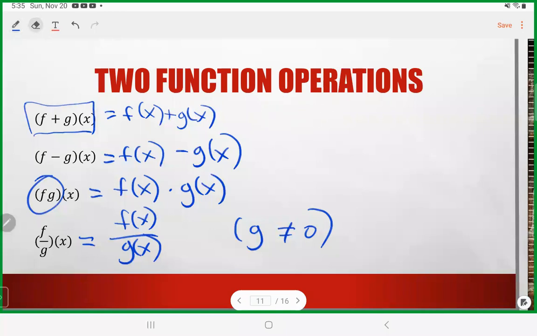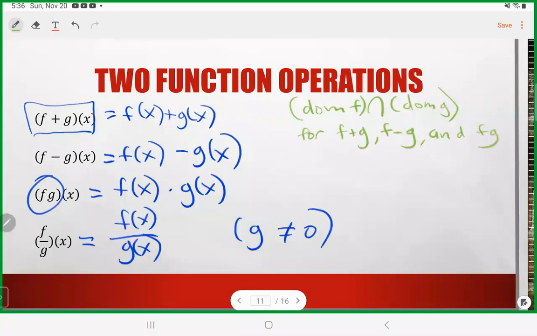Let me write this clearly. Domain of f intersection the domain of g. And what about f minus g of x? Maybe still intersect. Great. And also f times g of x. Also intersect. So that's the domain for f plus g, f minus g, and f times g.